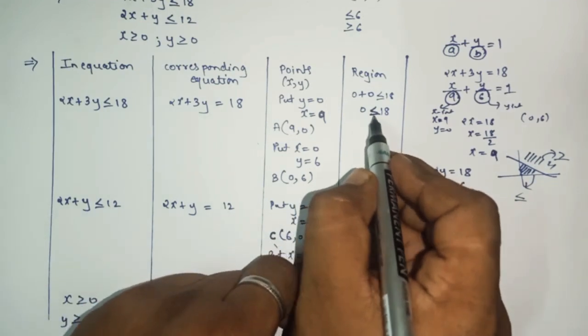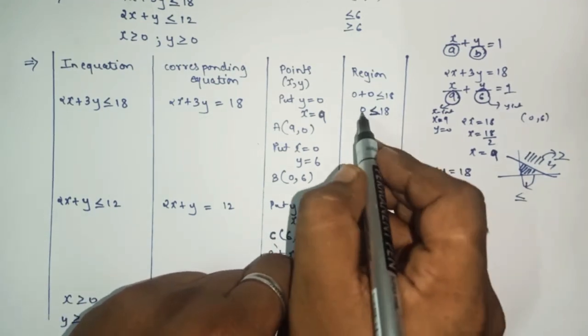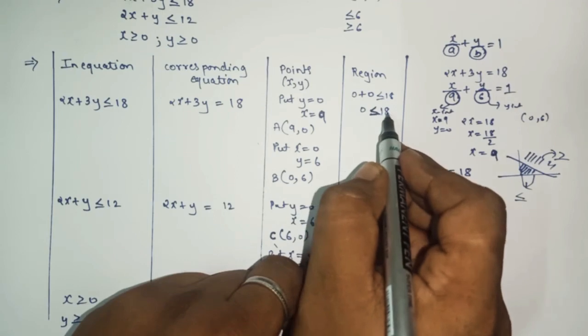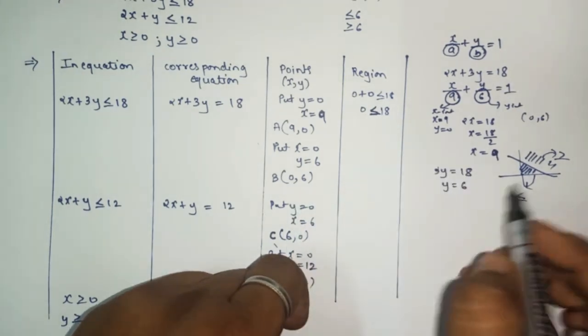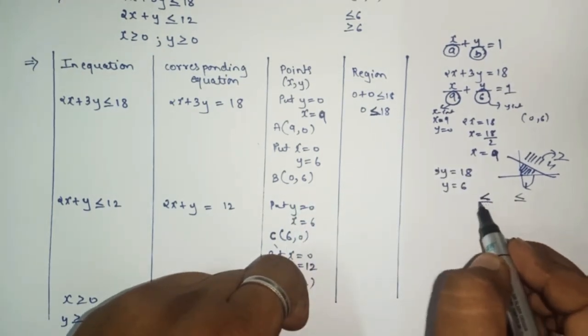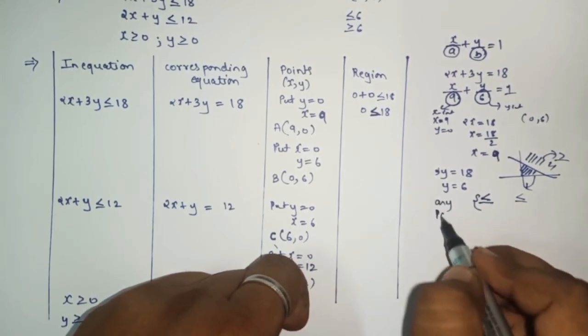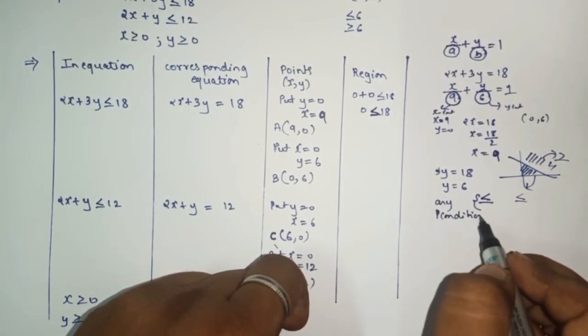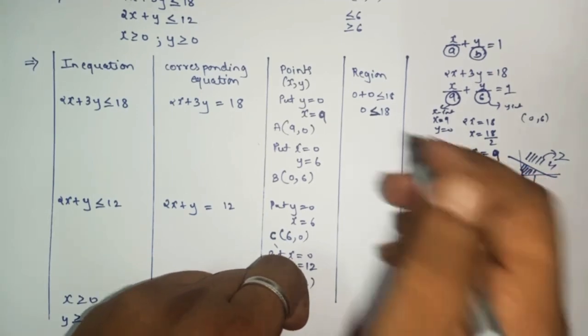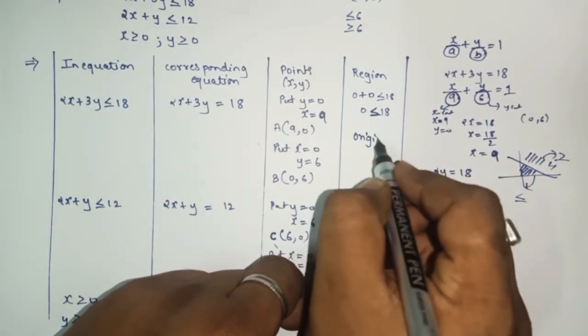First check, is 0 equal to 18? No. Is 0 less than 18? Yes. Remember, out of these two conditions, any one condition should satisfy. If it is satisfied, that means it is origin side.